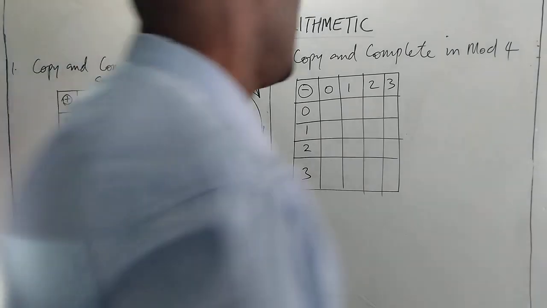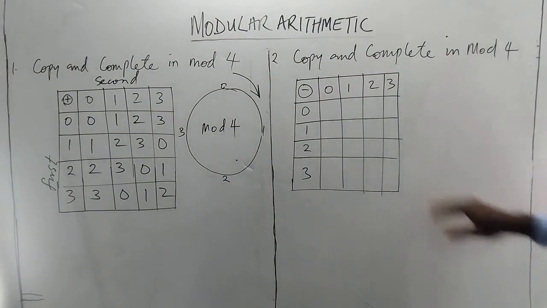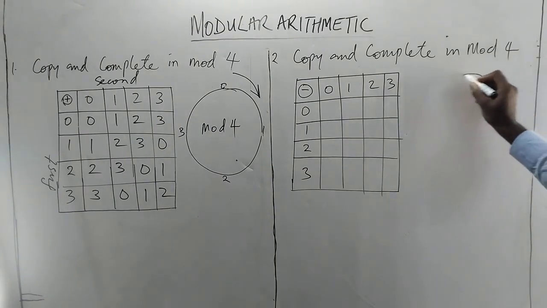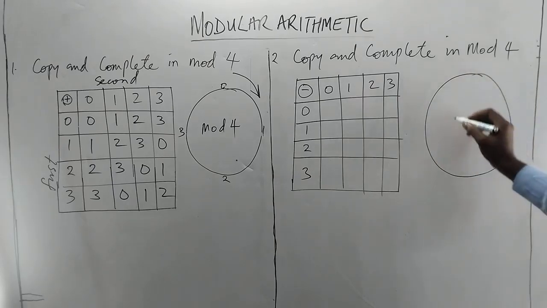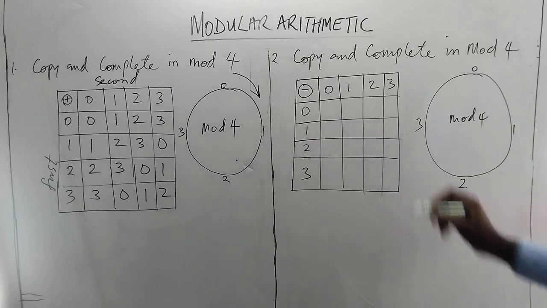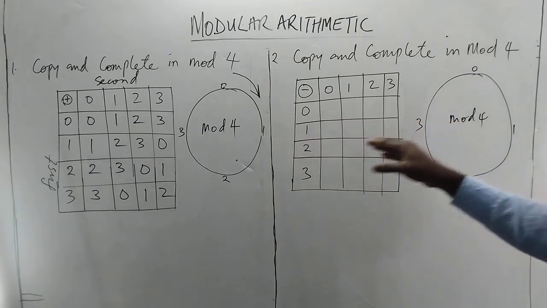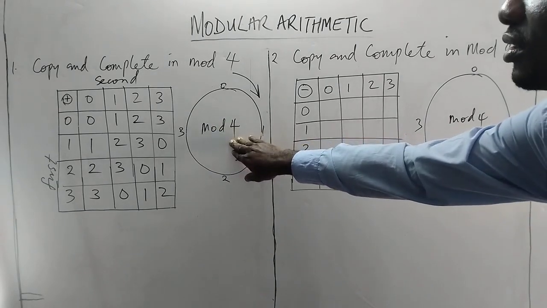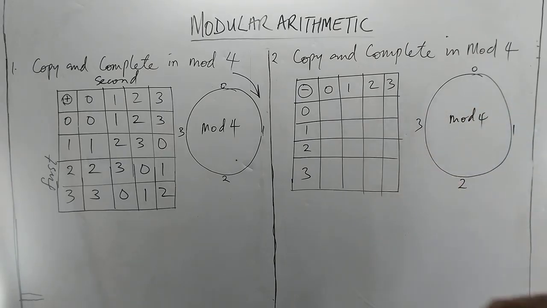Now let's go and complete the table involving subtraction. It's still the same method, the same clock. Now, the difference between addition clock and subtraction clock is just the movement.